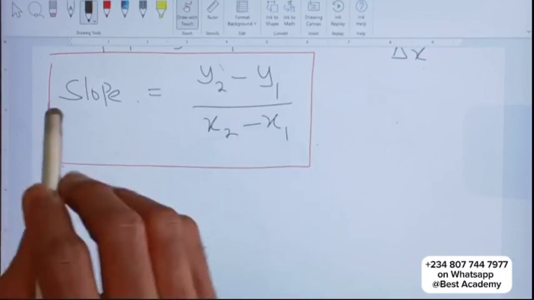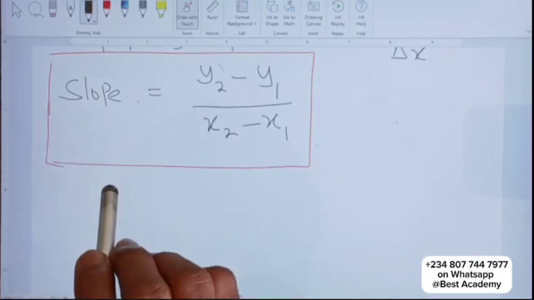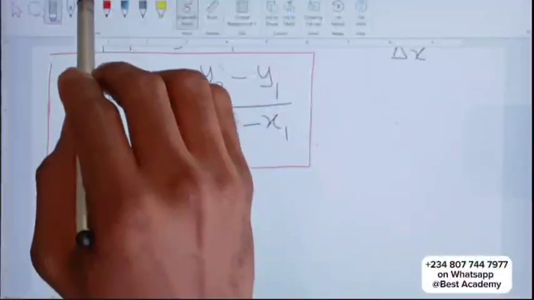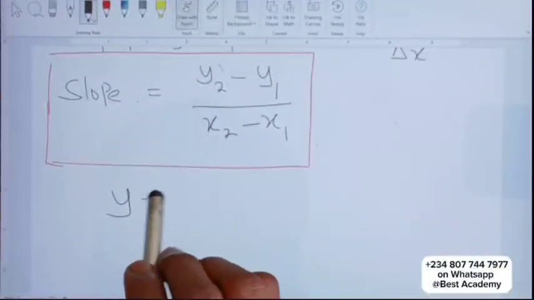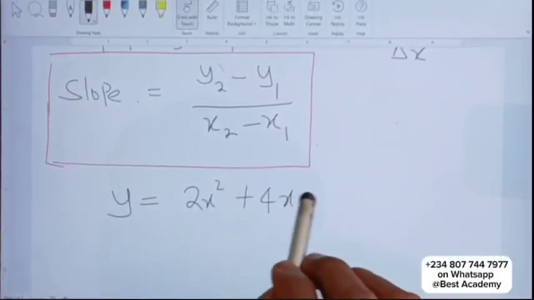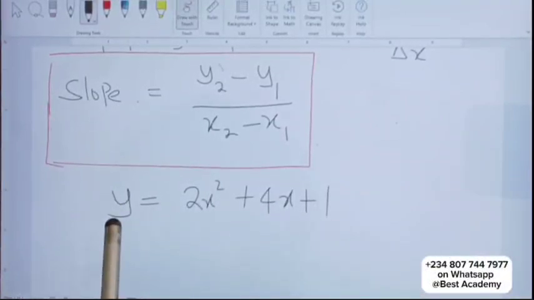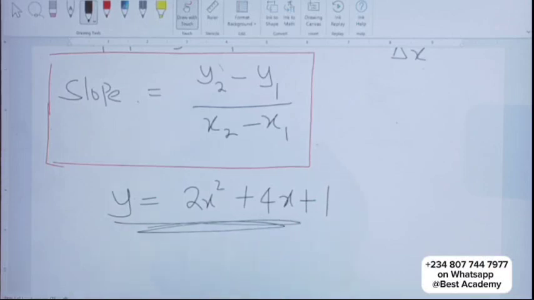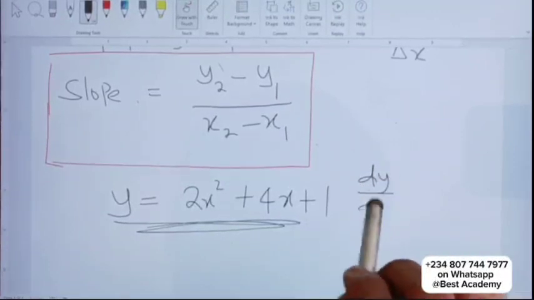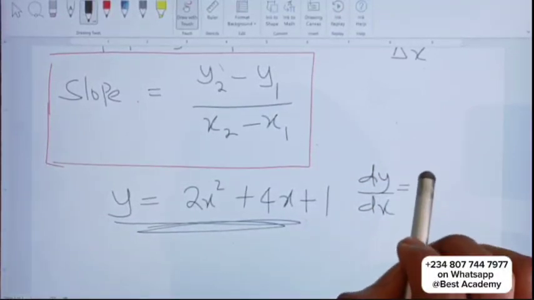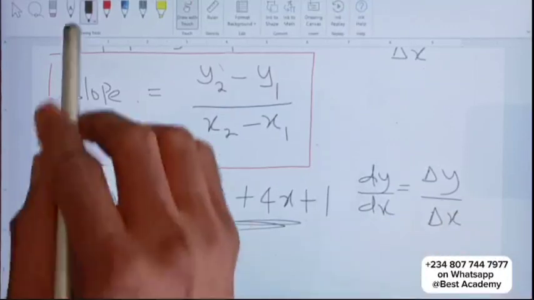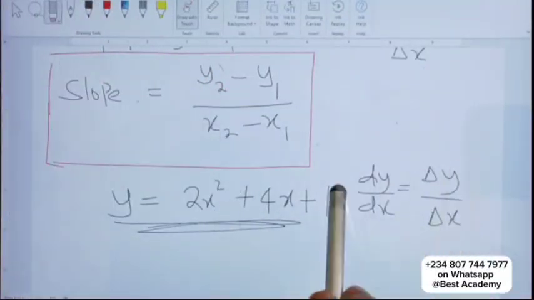If the question is given to us in terms of an expression like this, maybe I have y is equal to 2s squared plus 4s plus 1. To find the slope here, class, I'm going to differentiate. Remember, slope is the same thing as dy over ds. That is change in y over change in s. So now let's go back to our question here to understand this properly.